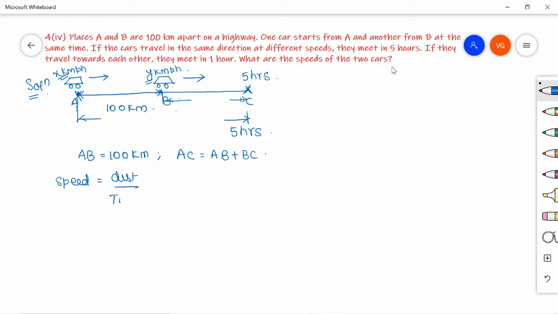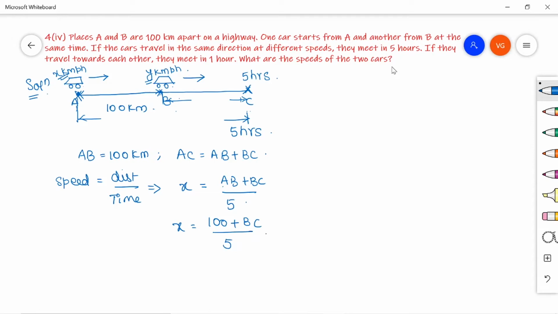The car that started from A is traveling at a speed of x kilometers per hour, and traveled a distance of AB plus BC in 5 hours. So x is equal to (100 plus BC) divided by 5.